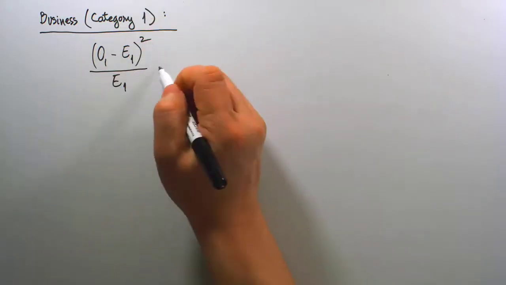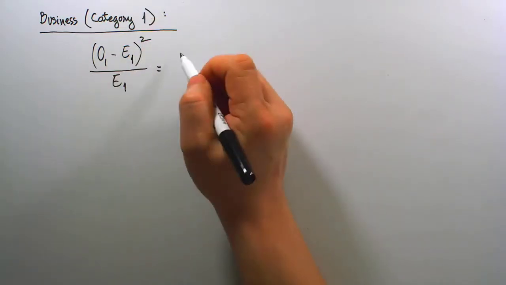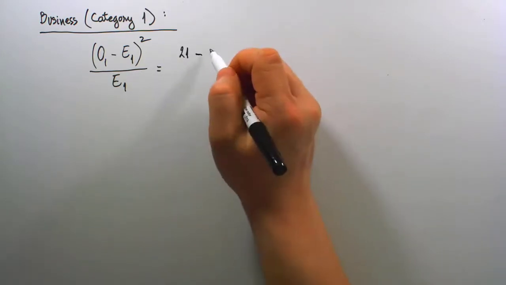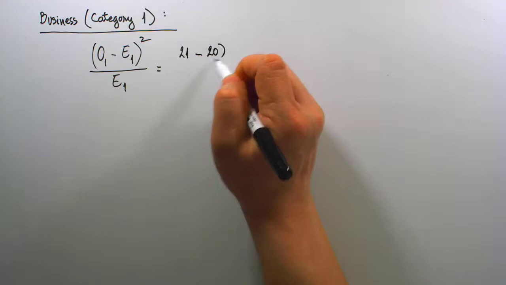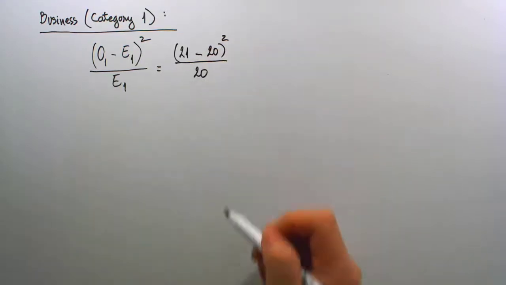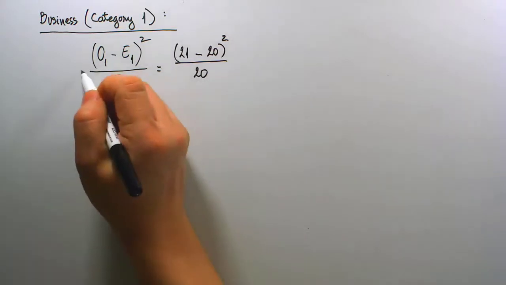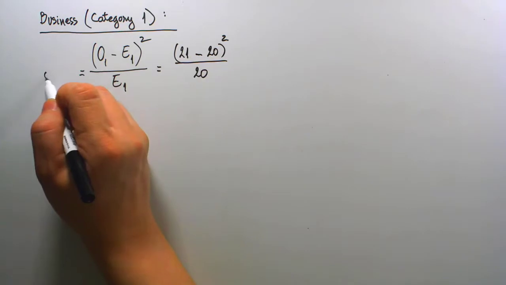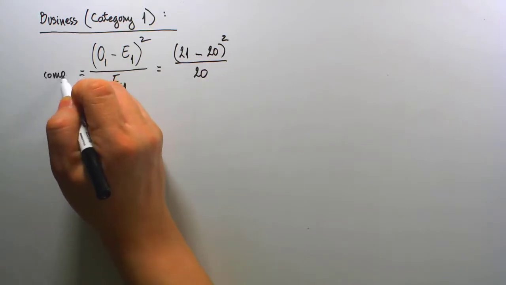And so the actual calculation here would be 21 for the observed count, subtracting 20 for the expected count, then square the difference and divide it by 20. So I call this value a component value, and symbolically COMP with a subscript 1.